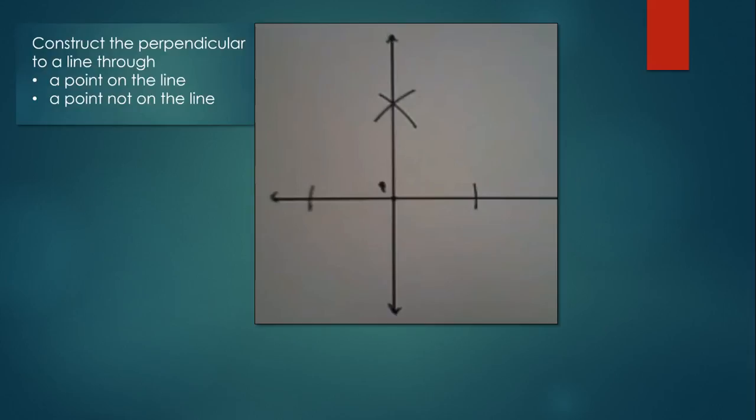And then from those two arcs, we drew arcs that had the point of the compass at the intersection of the arc and the line, and then we had arcs above the line. And we did not change the size of the compass to draw those two arcs.